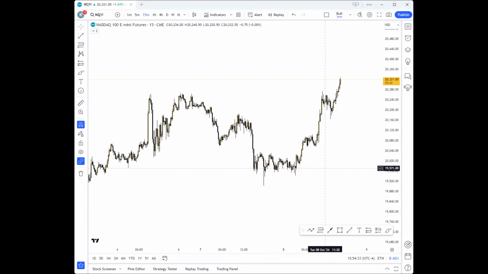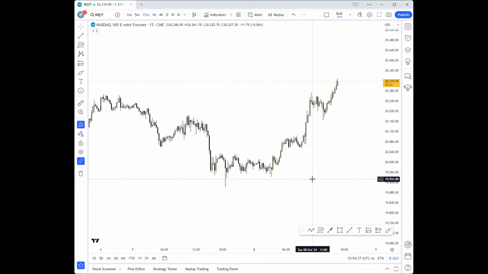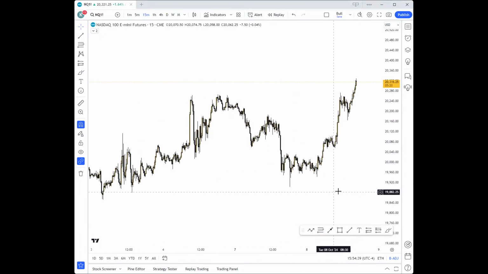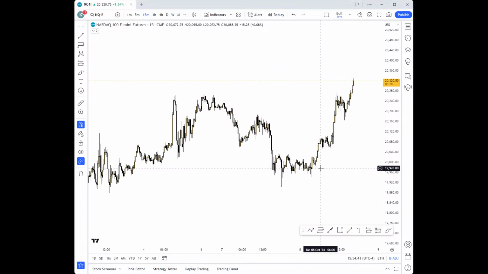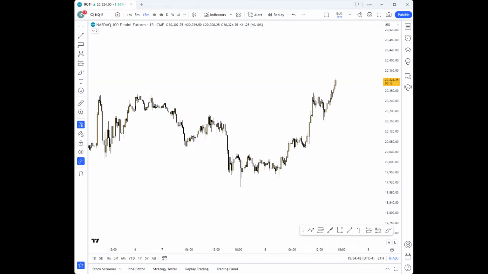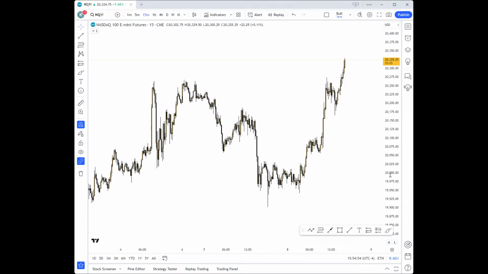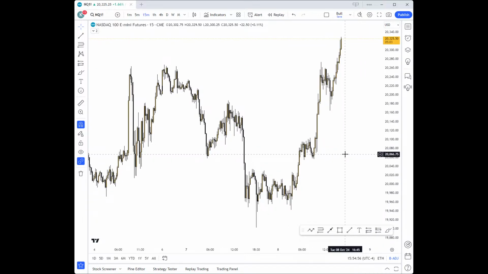Cool. So, the concept of failure, right? Keeps us out of trouble, but it also really keeps us on the right side of both short-term and long-term movements.